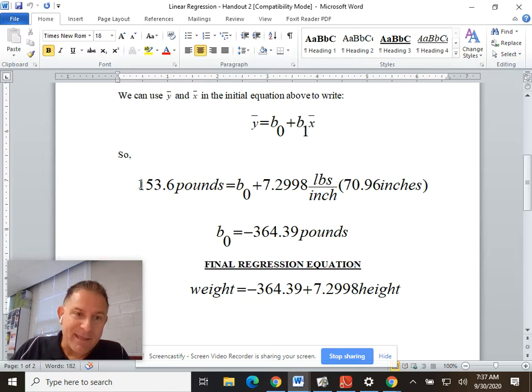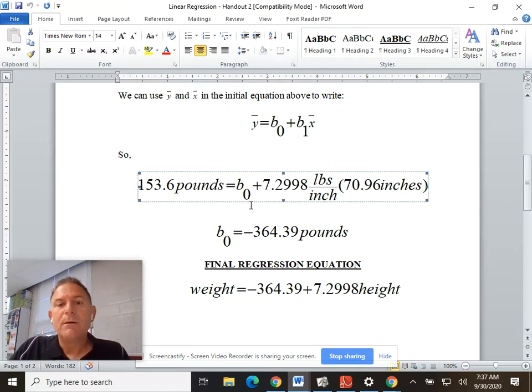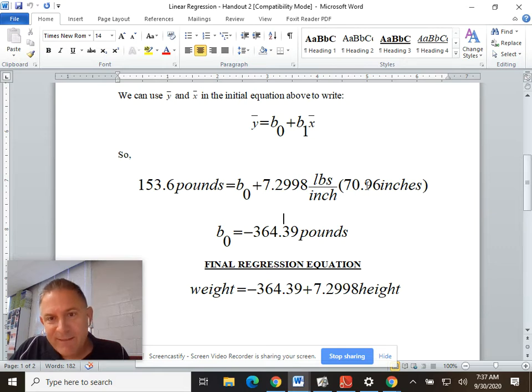We're going to fill in the average weight. Whoopsie. We're going to fill in the average height. We just found the slope. Look at me using all these labels. Isn't that delightful? The only thing we don't have is right here, the y-intercept. I'm not going to do this arithmetic for you. That's pretty basic arithmetic. But if you do, you get negative 364.4 pounds.